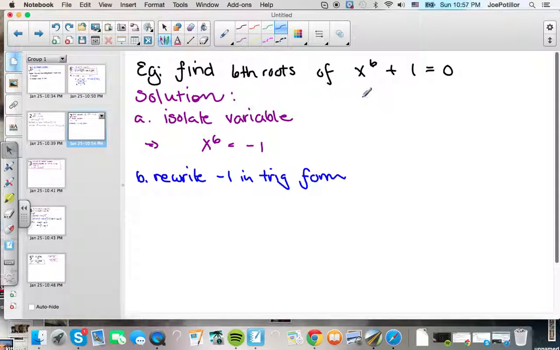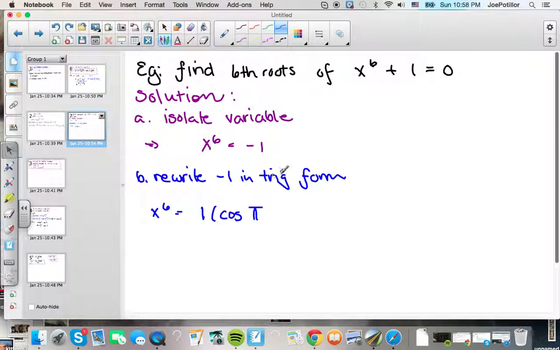It's called a quadrantal angle. And since it's -1, it'll be on the x-axis. -1 will be on the x-axis, and cosine of pi is -1. So we'll rewrite this as x to the 6th is equal to 1. And so now, you may ask, why did I write +1 instead of -1? Because the -1 will be taken care of in the cosine of pi.